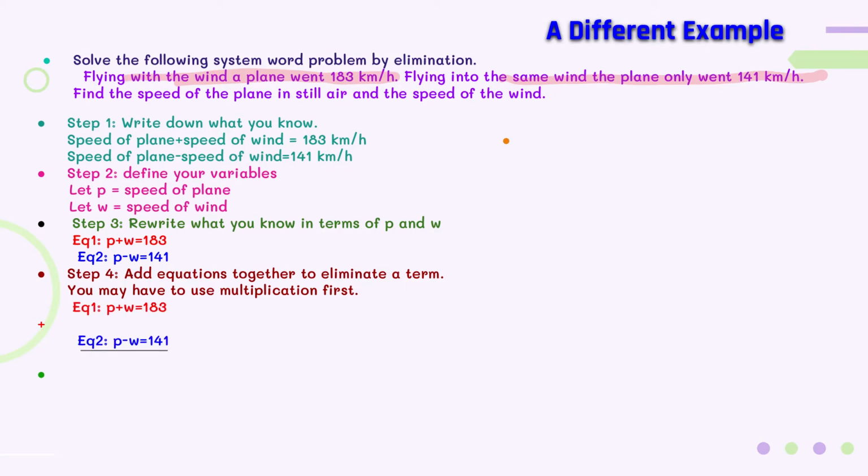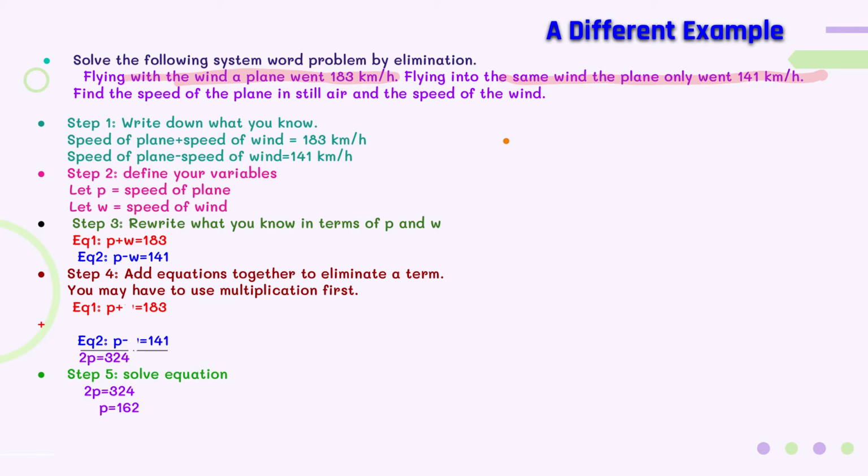So I'm just adding my original equation 1 and equation 2 together. And in that case, I get my W's to cancel. So I'm left with 2P, because P plus P is 2P, and 183 plus 141 is 324. Step 5 is to solve that equation. 2P equals 324.